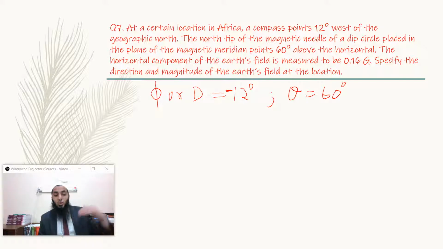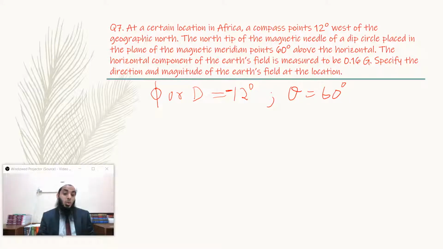It is just to show whether the magnetic field is downwards or upwards. So can you tell me whether it is upwards or downwards? The north tip is upwards, and we know that the magnetic field will be along the direction outward from north. So the magnetic field will be upward. That's one thing you have to understand from this question.